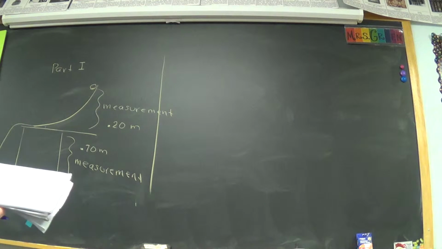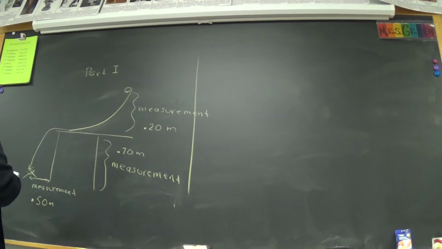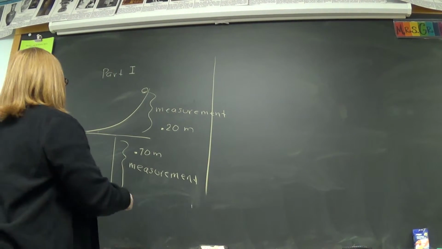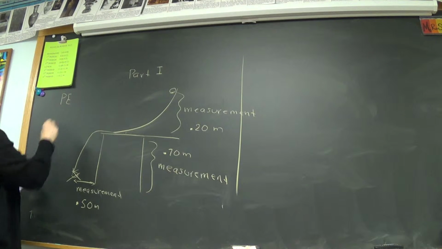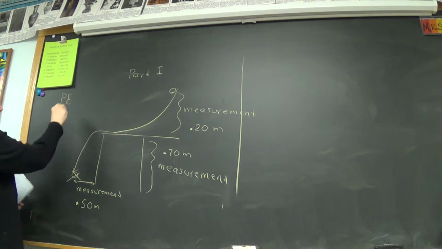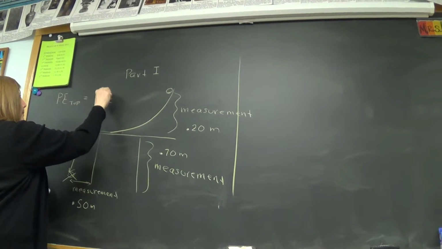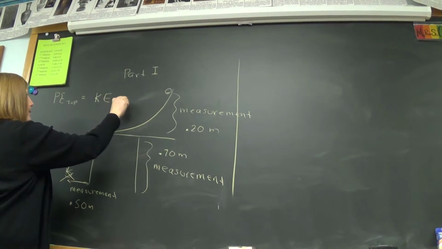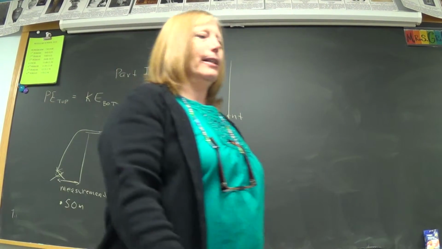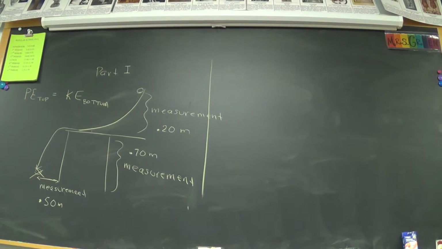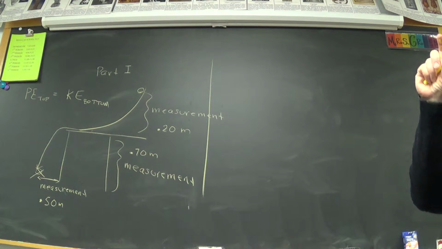So pull out your calculator so I can have your help with that. So this is part 1. So in part 1, we pretended that the potential energy at the top equals the kinetic energy at the bottom. Is that true? Is that true in real life? Molly, what do you think? In real life, is the potential energy at the top equal?